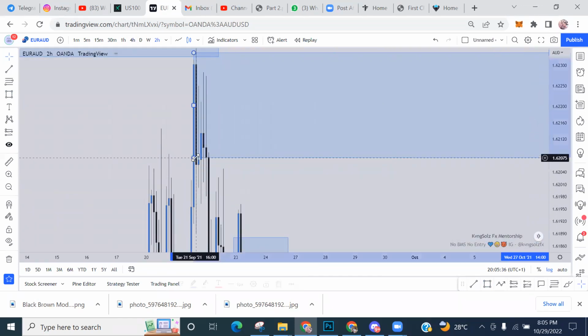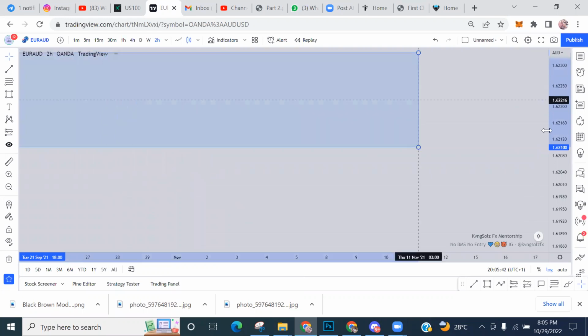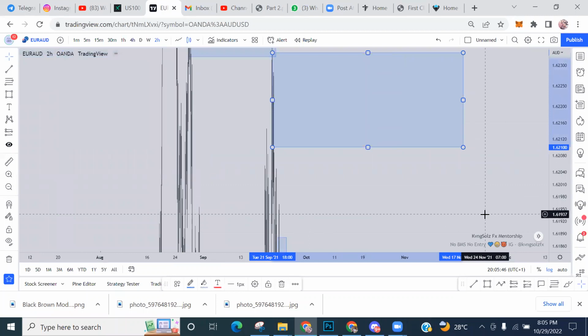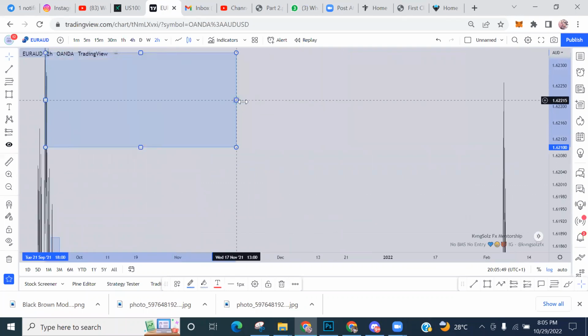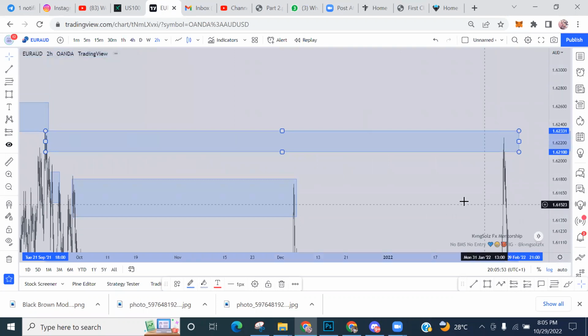Okay, so 2 hours is telling me the fractal entry of this one. I guess that will just sort out this issue. All right, that's for that one.